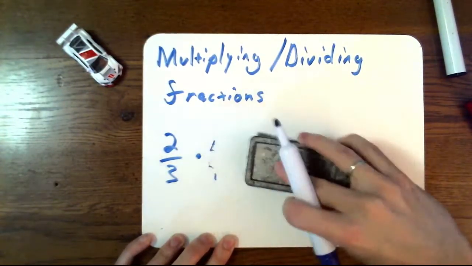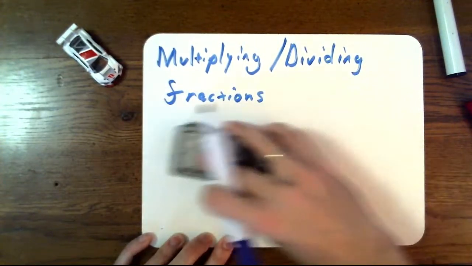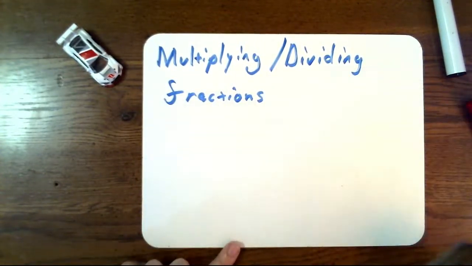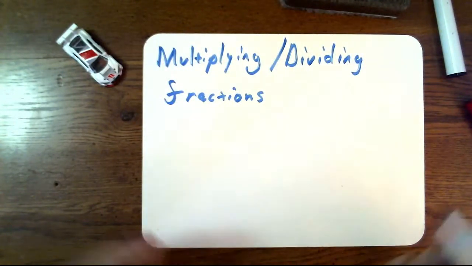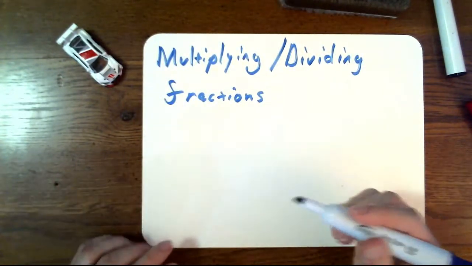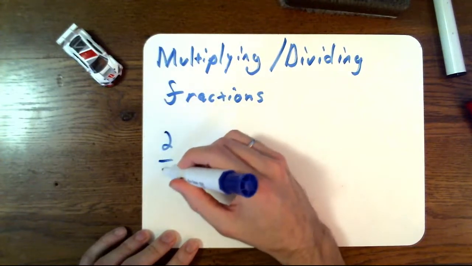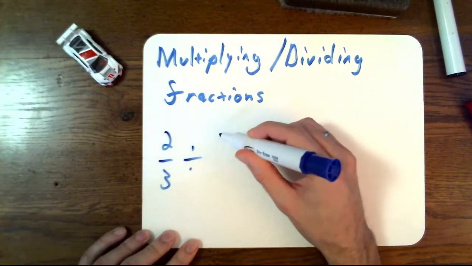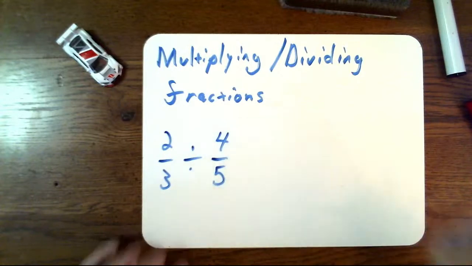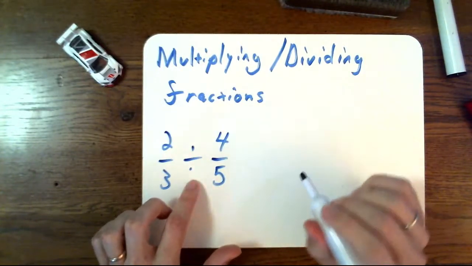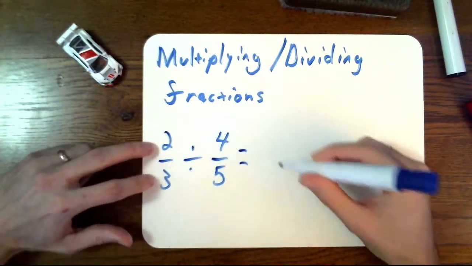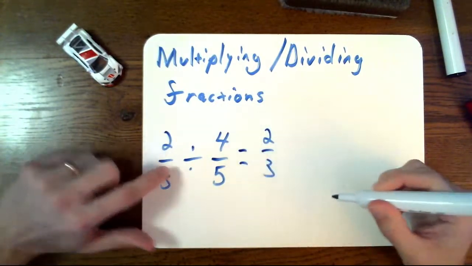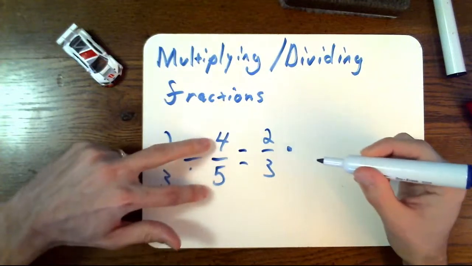So multiplication, not too tough. Even if you're multiplying by numbers, variables, whatever, you can always just put it over 1 and then multiply across. So now what about division? Well, anytime you see a division symbol, and remember this, anytime you see a division symbol, you keep the first one the same, change this to a multiplication, and flip.